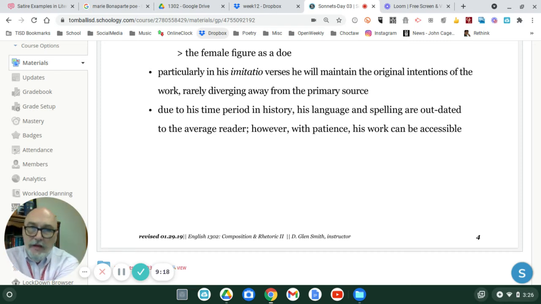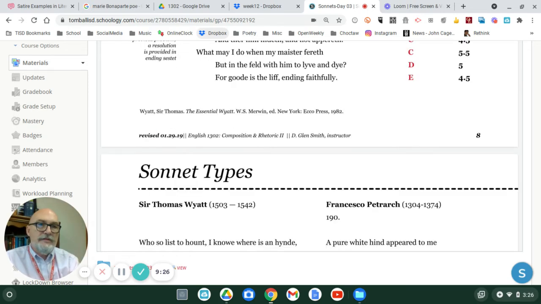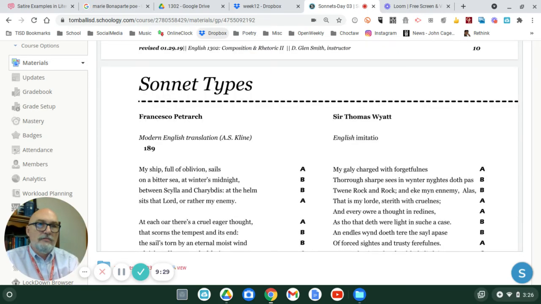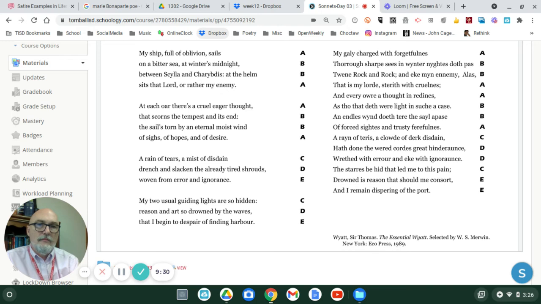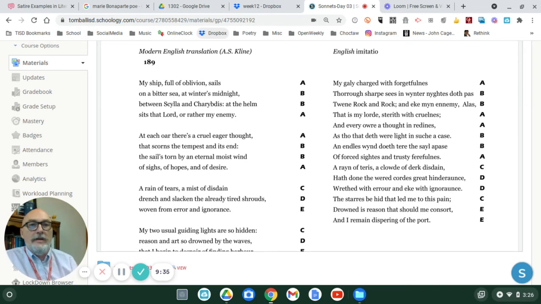Once you reread 1 through 4, I want you to shift to page 11, the last page in this demo. On this page, you have two poems that are based off the same original source.